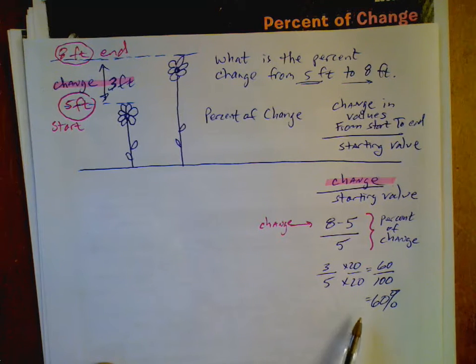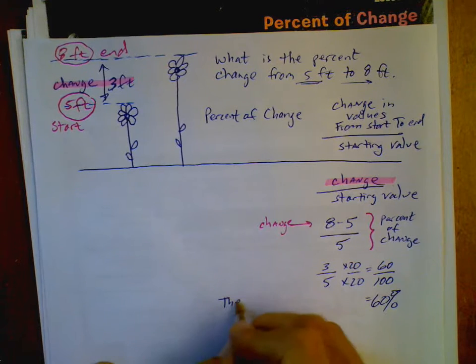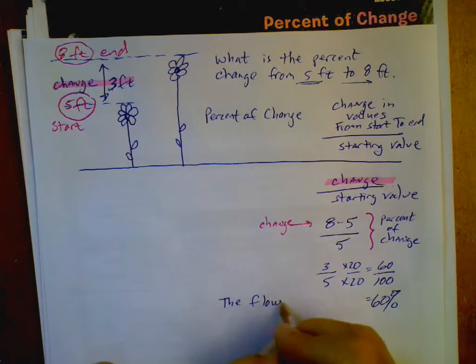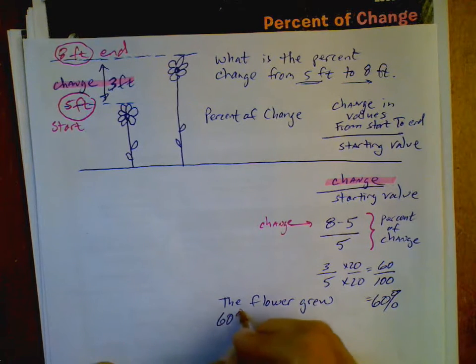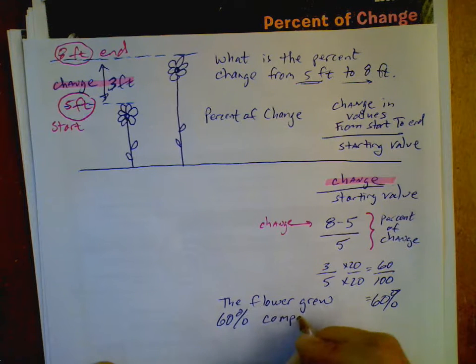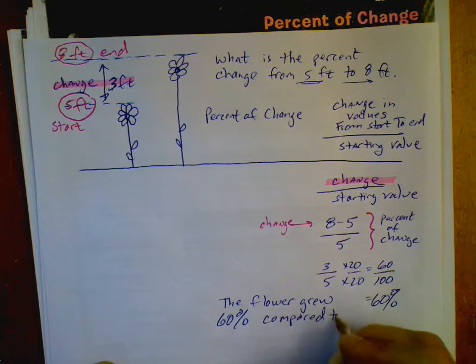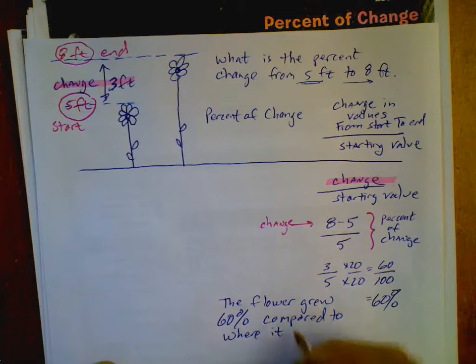So let's make sure we're clear. What this means is the flower grew and increased 60% compared to where it started.